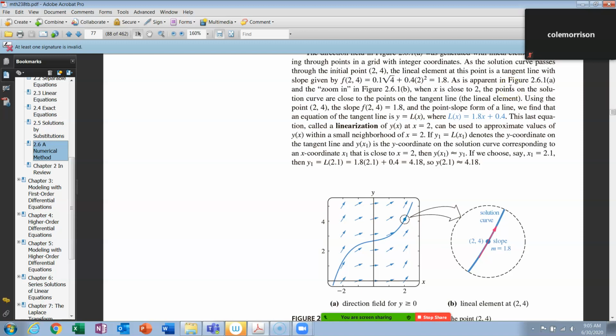So what if we go a little bit further, 0.1, to 2.1, and with this approximation see what the y value will be on the tangent line, hoping it's close to what it is on the actual curve, the blue line. That will give us a new approximation, y1, which is not going to be exactly the same as your y of 2.1 from your solution curve, but it's going to be pretty close. So let's do what they just said.